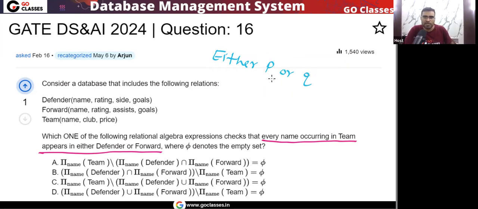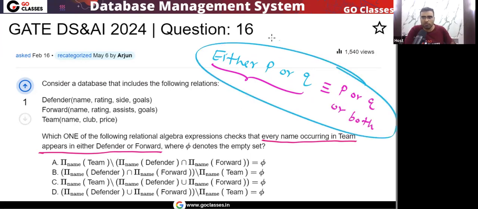So by default, either or is the same as inclusive, means P or Q or both. Very simple point.